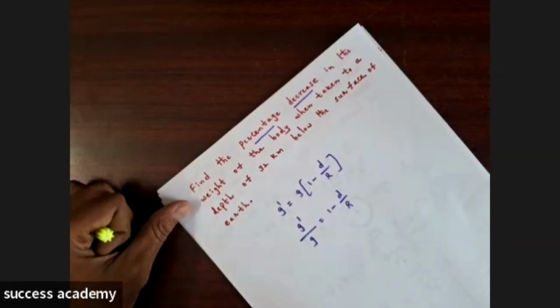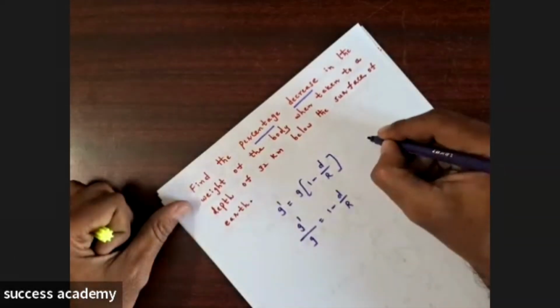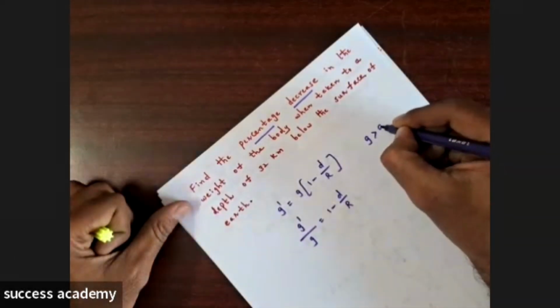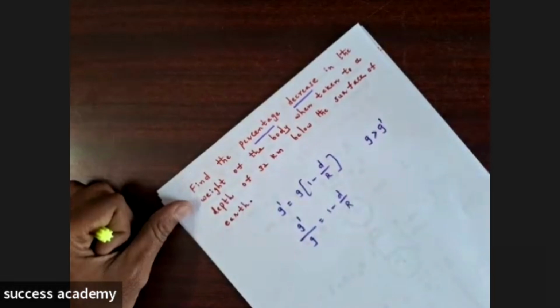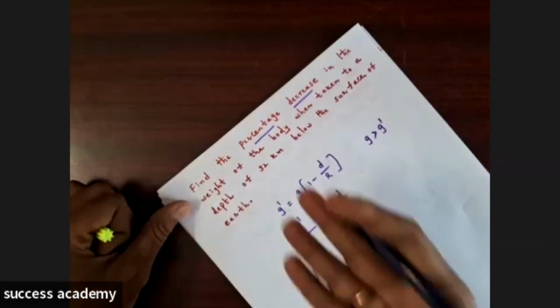Decrease means the initial value is greater and the final value is lesser. Loss means the initial amount is greater and the final amount is lesser; then only we call it loss, which is called decrease here.